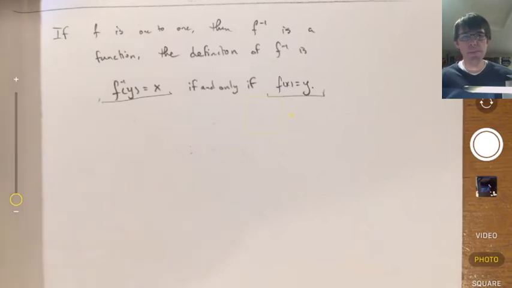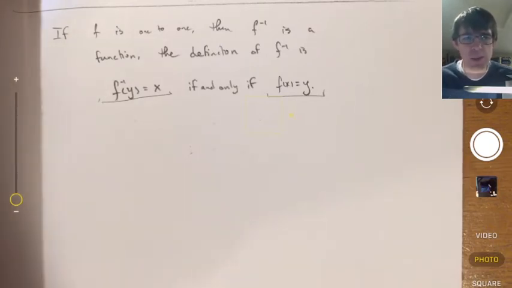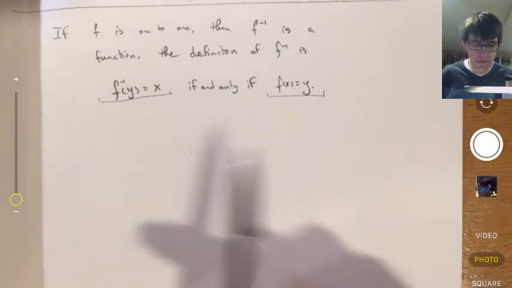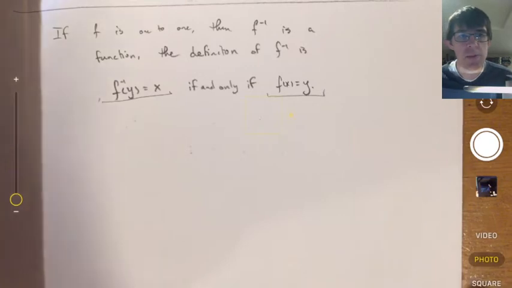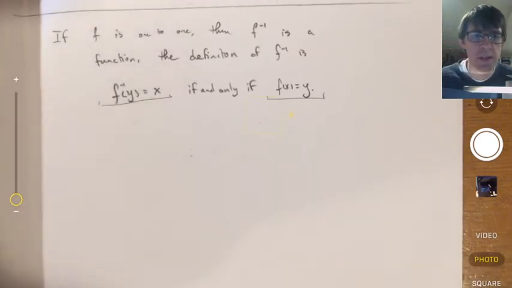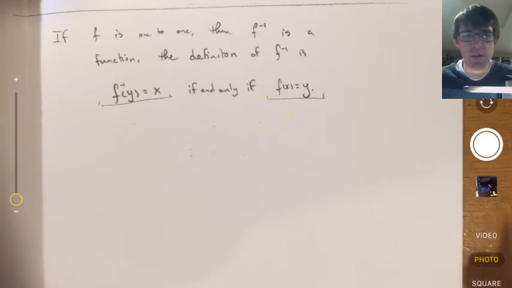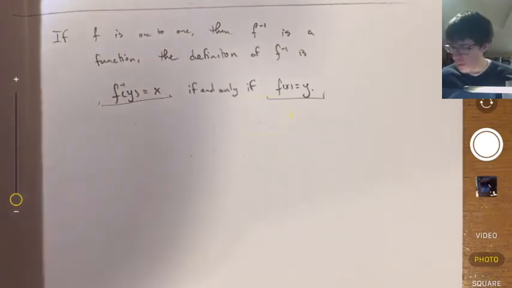So if you want to know what f inverse actually means, this is what it means: f inverse of y equals x means that f of x equals y. This suffices to make a definition of the inverse function, although it's not so easy to use this description in practice, but we'll get to that.